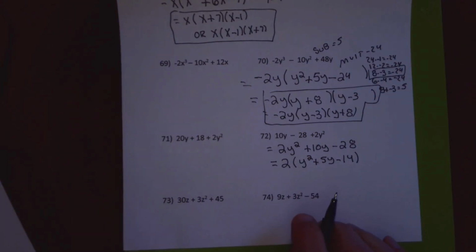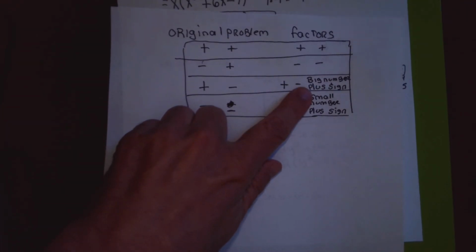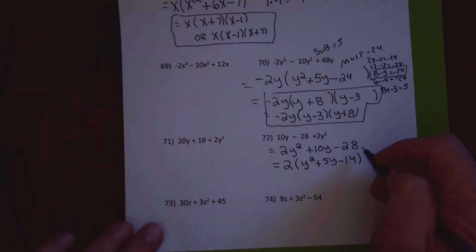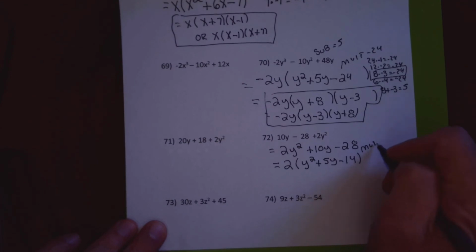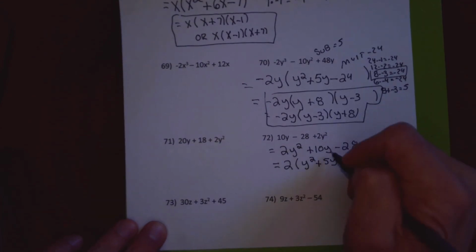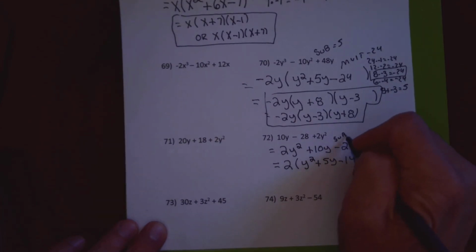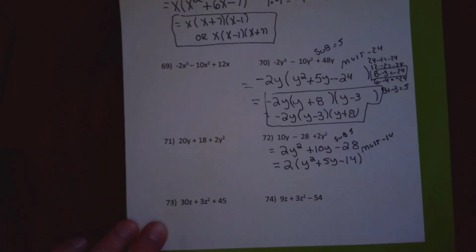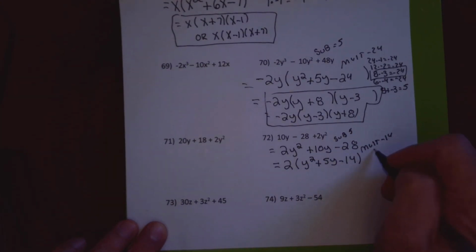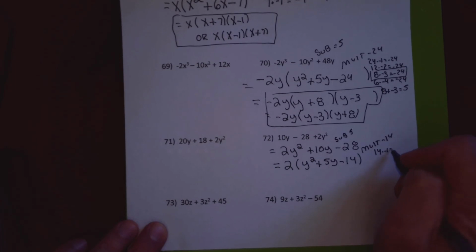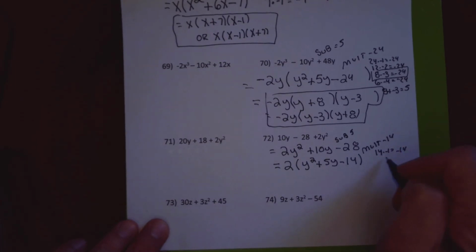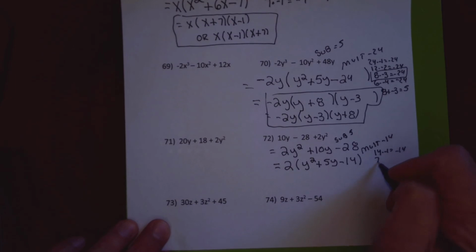And another one that's so common, the third row of my template, I need plus and minus, big number plus. So I need numbers that multiply to negative 14, and I'm going to say subtract. It's technically add to 5, big number plus. So my choices would be 14 and minus 1 because those multiply to minus 14, and 7 and minus 2, those multiply to minus 14.